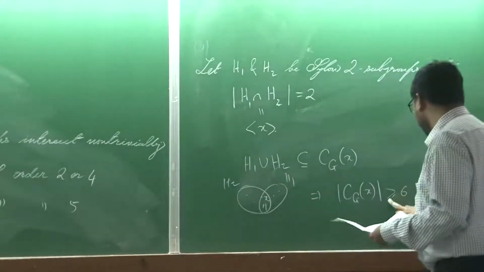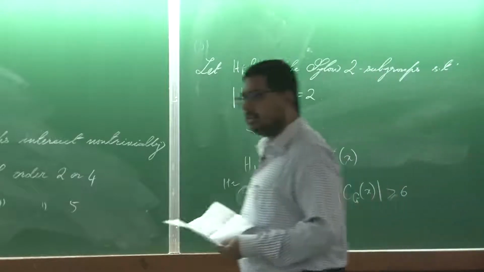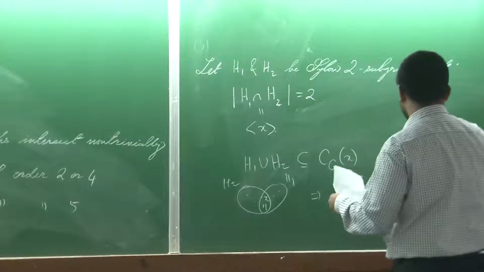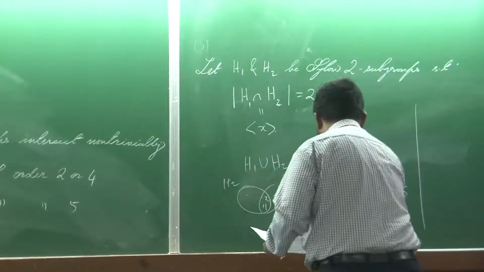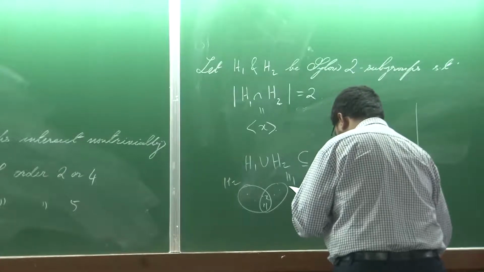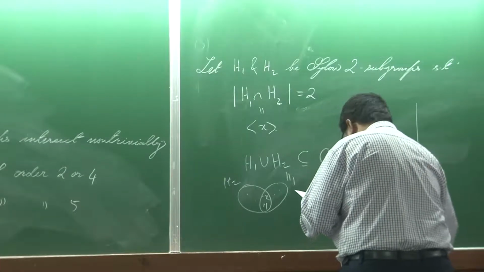So, in fact it will be strictly greater than 6, because the centralizer is a subgroup. Therefore, for the centralizer we have the following possibilities: 12, 20 or 60.